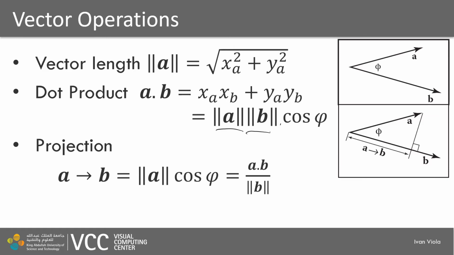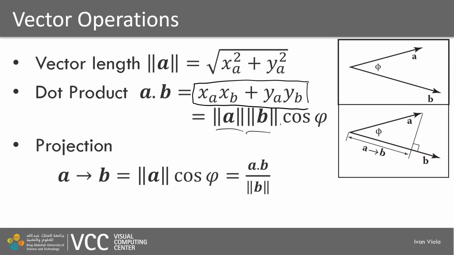Here you can see it on these graphics. So this is the definition. Please note that it also equals the sum of the coordinate terms multiplications, as we will show in the next slide.